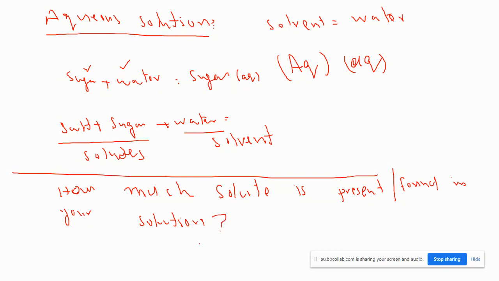Suppose the sugar is in your water, you want to know how much sugar is present in your water. You may add less sugar, you may add more sugar. This is why we call it concentration. What is concentration? The amount of solute you dissolve in a certain quantity of solution is called concentration.